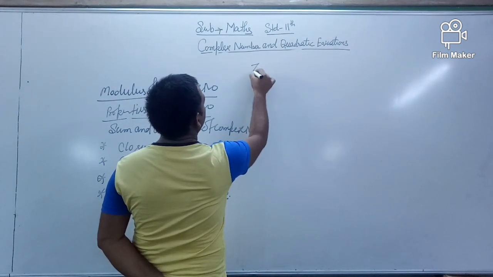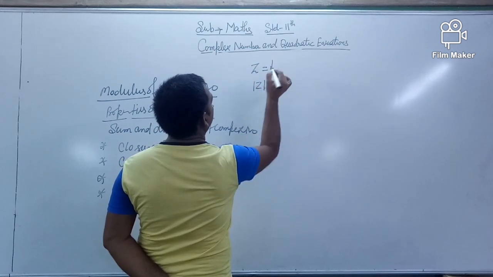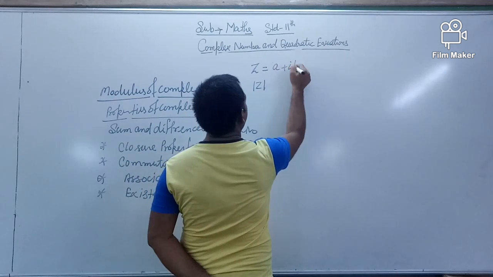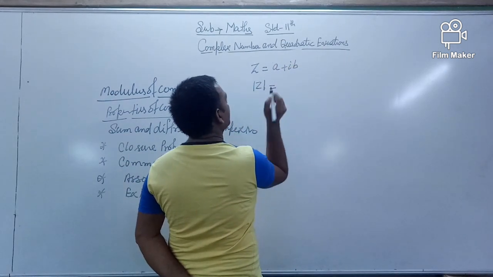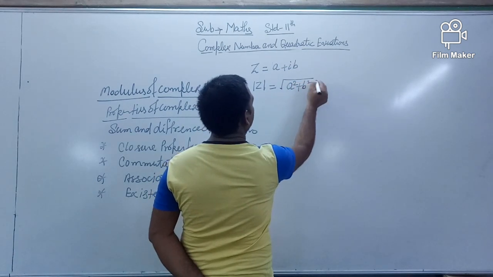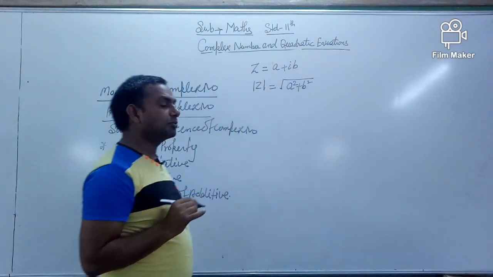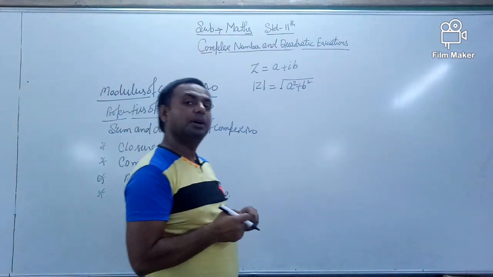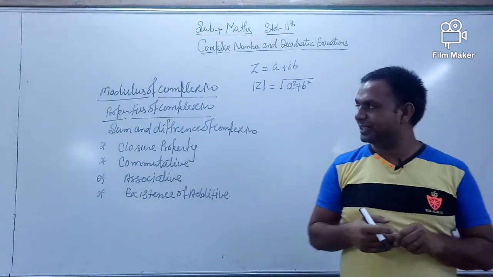Suppose you have a complex number z = a + ib, then you write mod z equal to the square root of a squared plus b squared. So, if you want to take the modulus of the complex number, it is equal to the square root of a squared plus b squared.